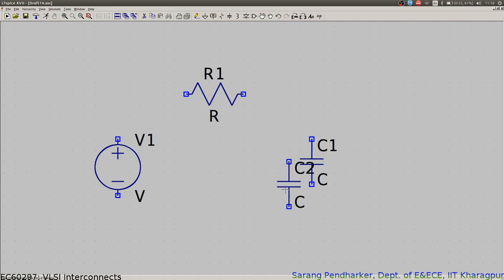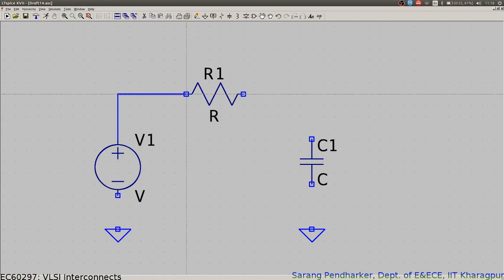If I want a ground, I create a ground, and then I can create a ground here as well. I want to connect these through lines, so I go here, and this is wire, so I connect it with wire. Or I can just press F3 and connect it.